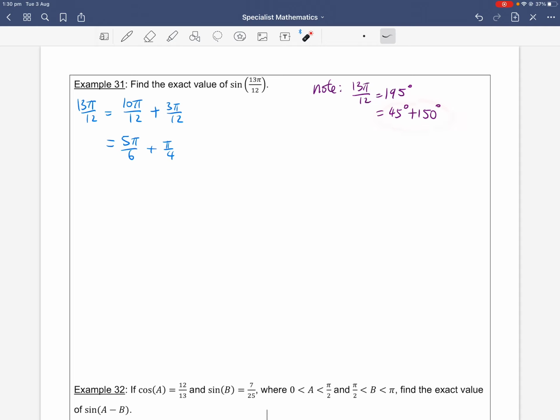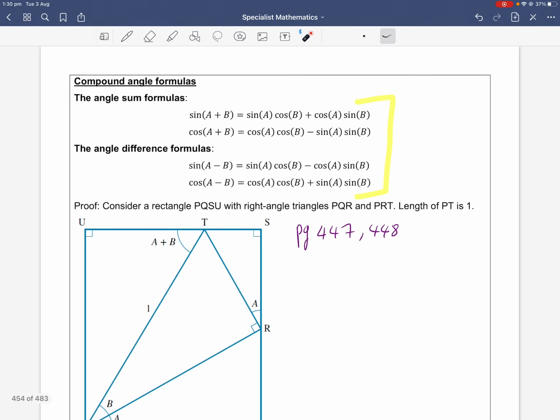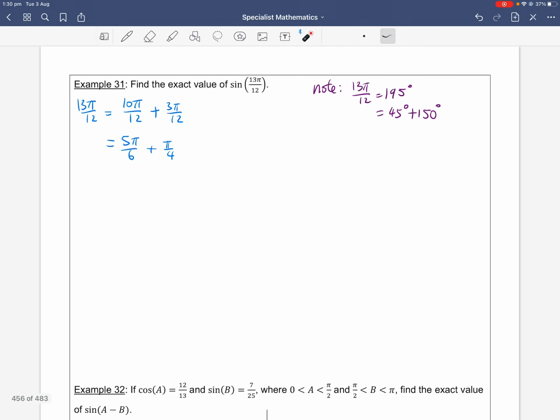Now, because we've got a sum of angles, we can choose to use the sine of the sum of the angles. So you would go to your formula sheet and pick out the sine of the sum of the angles, which is the first one here, and then we can copy that from the formula sheet and apply it to our situation.